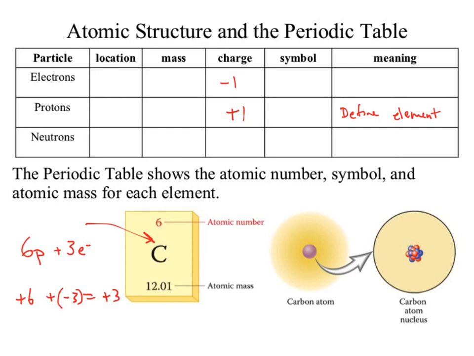A +3. Okay. What if I said instead of there being 3 electrons, there were now 4? What's the charge contribution from the electrons now? -4. What does the charge on our molecule or our atom become? +2.